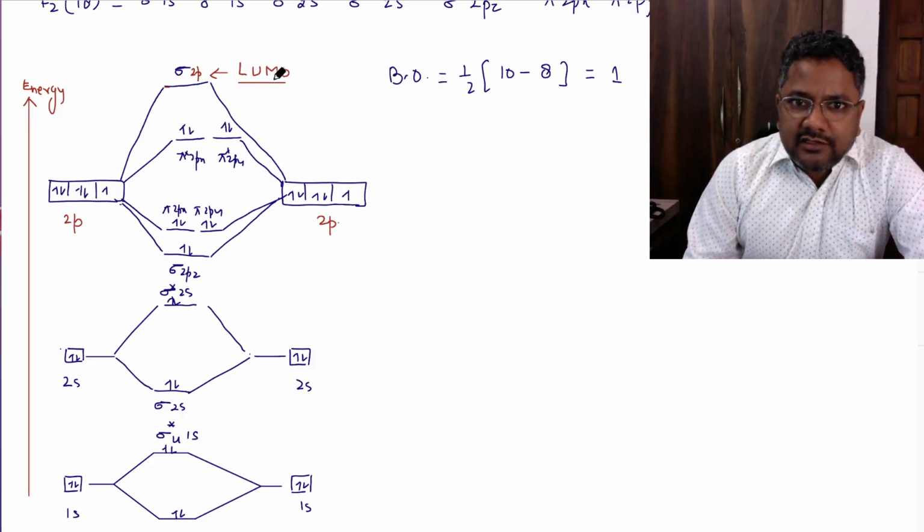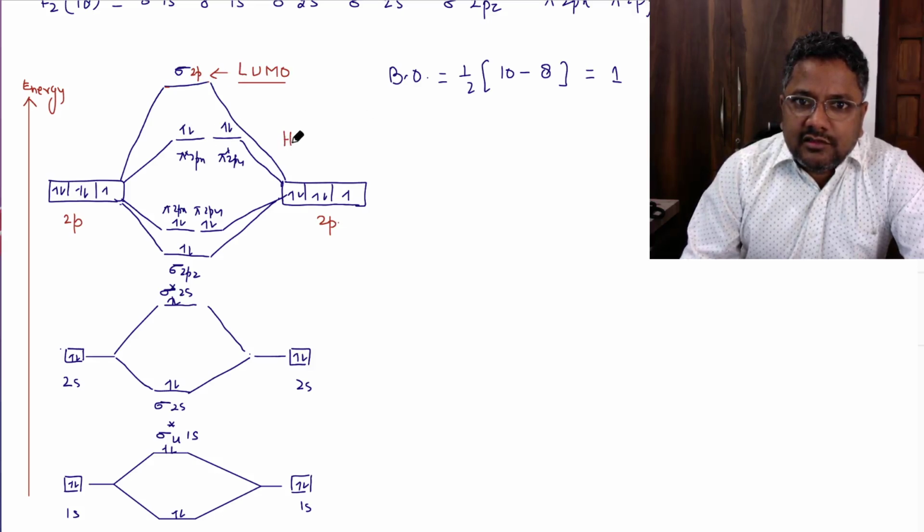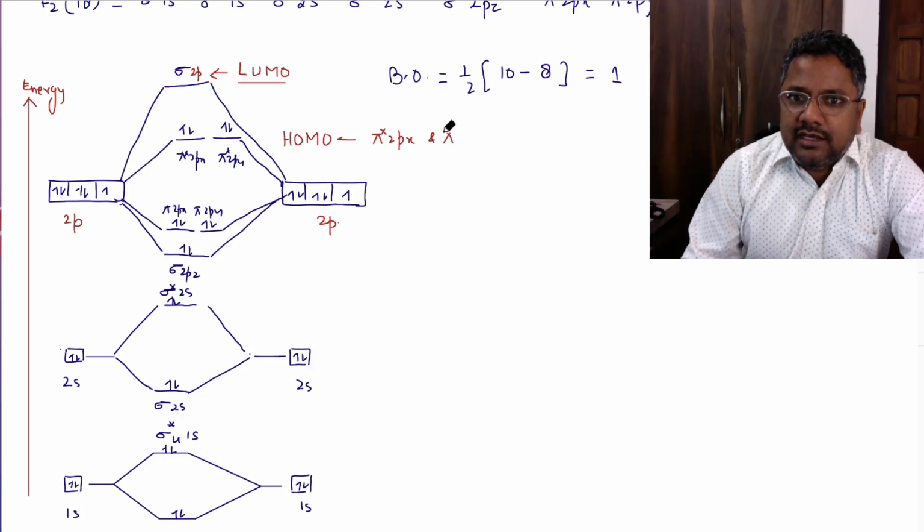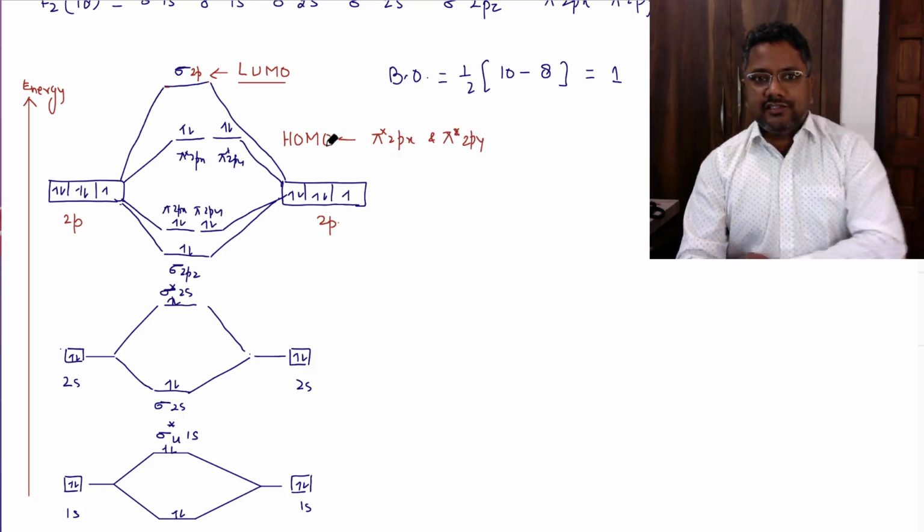And this is the highest occupied molecular orbital. So HOMO, highest occupied molecular orbitals are pi star 2px and pi star 2py. Right, now it is okay.